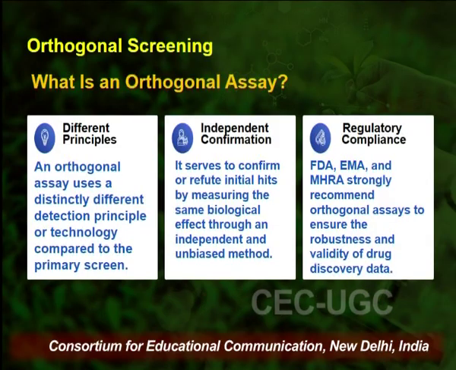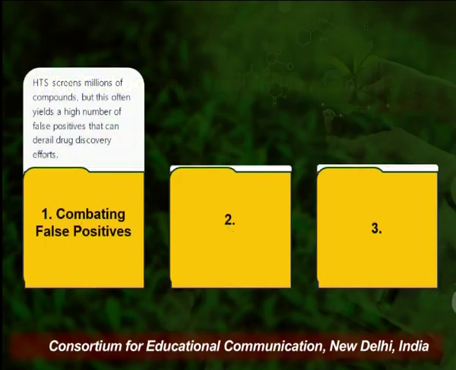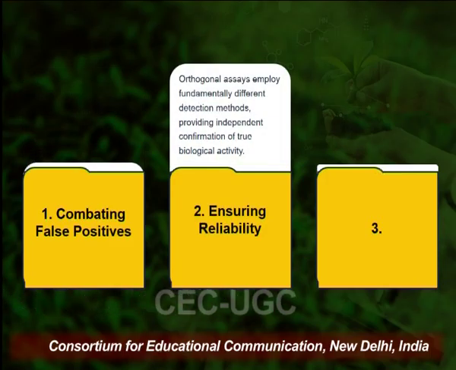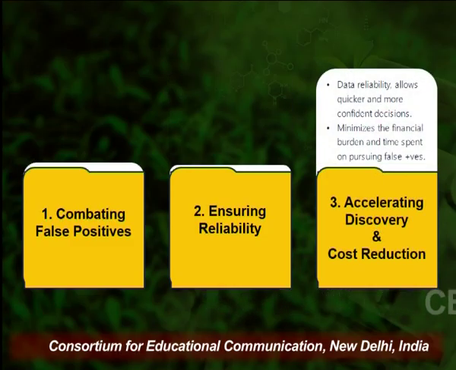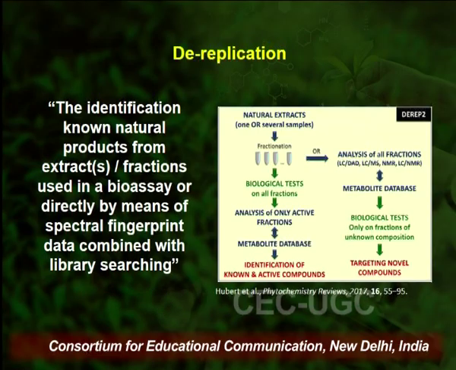So here we are confirming the results of the HTS. Orthogonal screening basically helps us in combating false positives. It helps in enhancing the reliability of the results, and it accelerates the drug discovery process, thereby reducing the overall cost of the process. Last is dereplication.